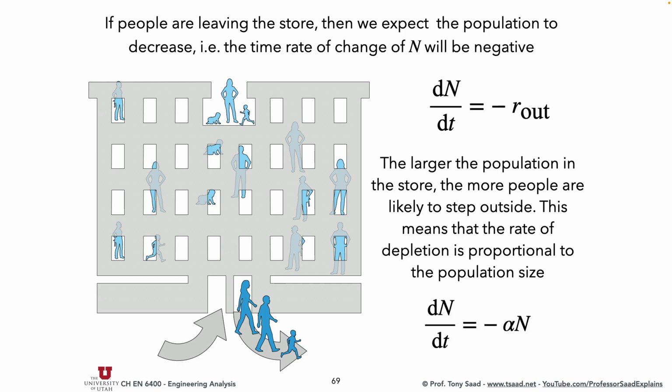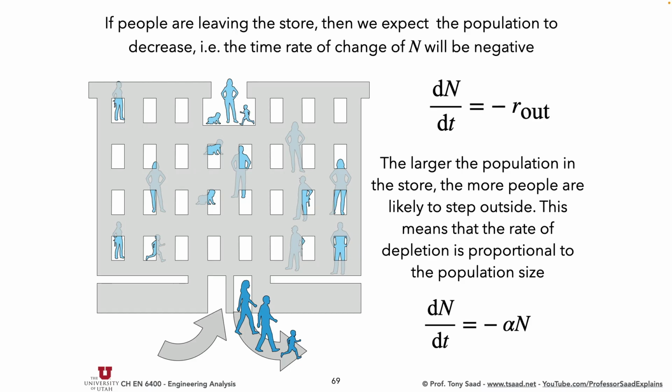So typically, one way to say it is dn by dt, the rate at which people are leaving, is minus alpha n. So alpha could be a small number, large number, or alpha could depend on n as well. It doesn't have to be alpha n, could be alpha n cubed, alpha cosine n, but it's a function of n. So keep an open mind about that.